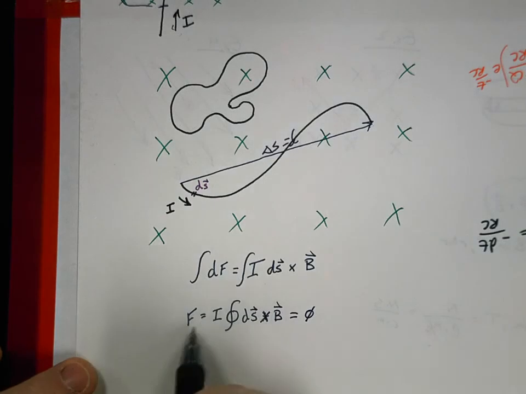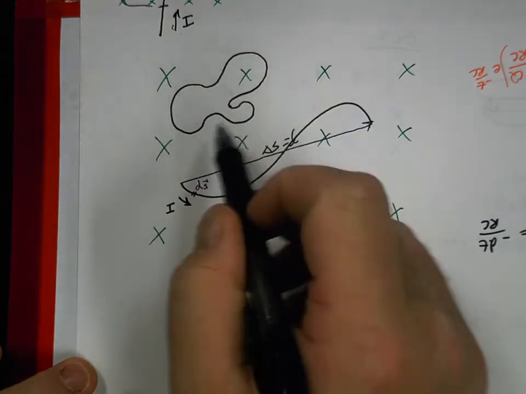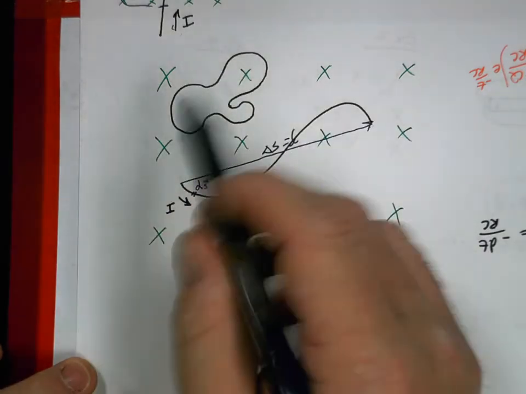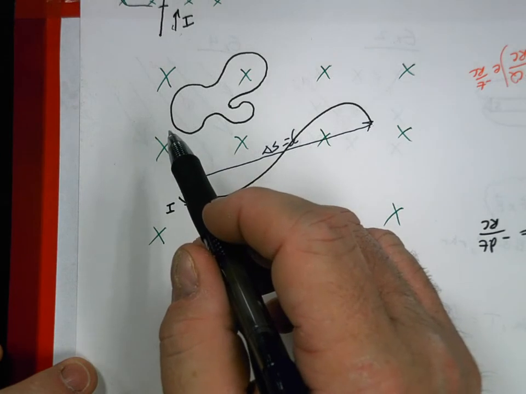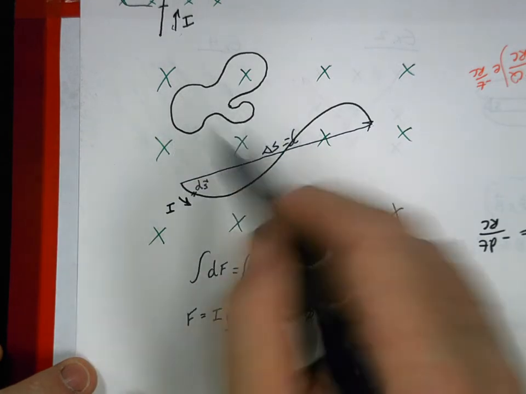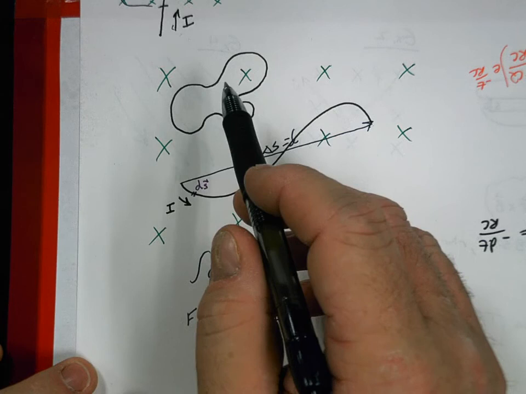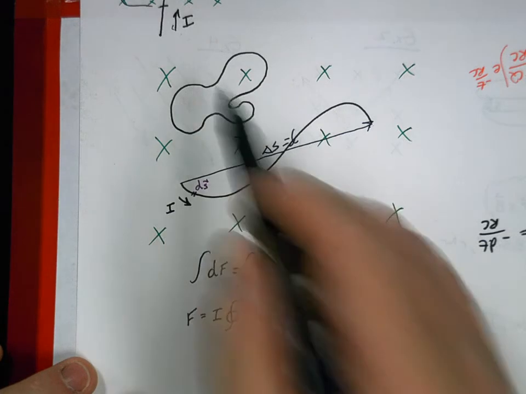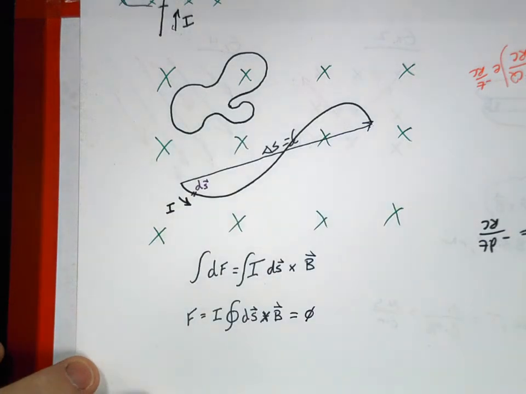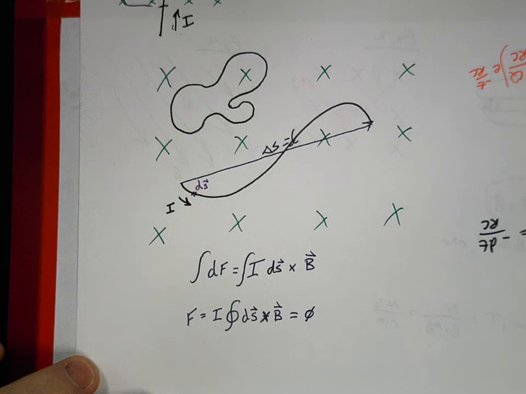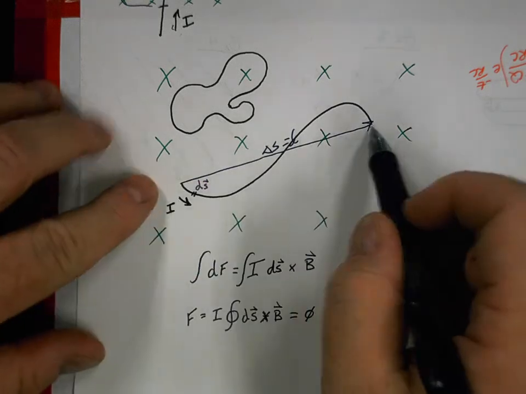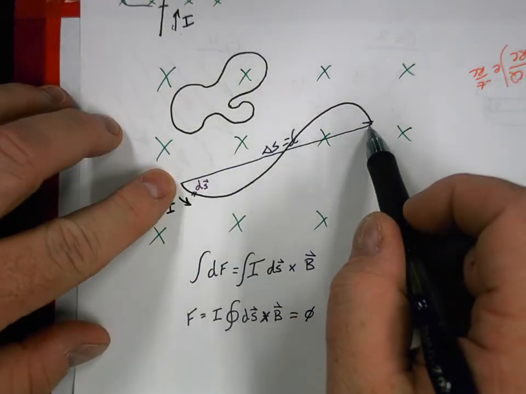So the force on a wire with a current running through it, if it's a closed loop in a magnetic field, the total force equals 0. It is path independent so long as it is closed. If it's not closed, like this one here, this would not have zero force.